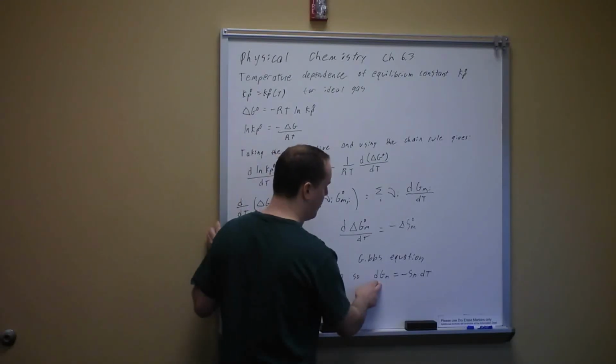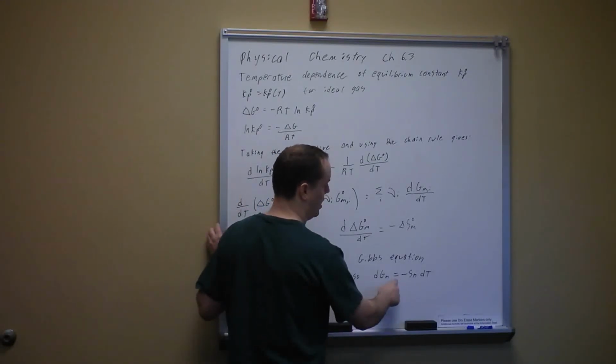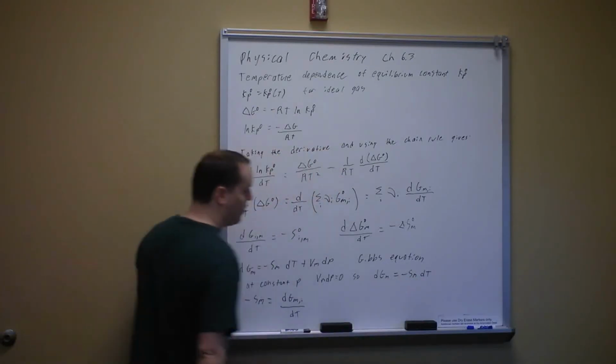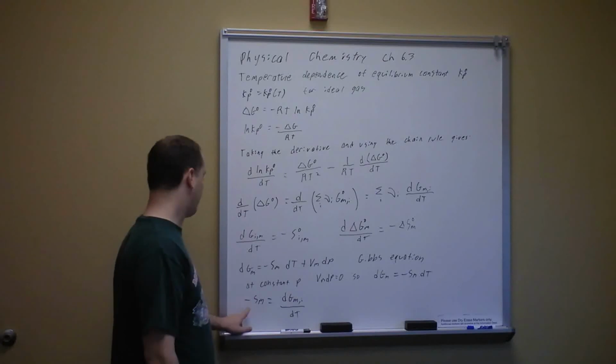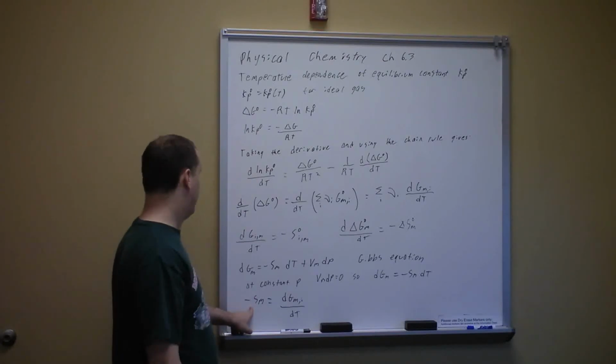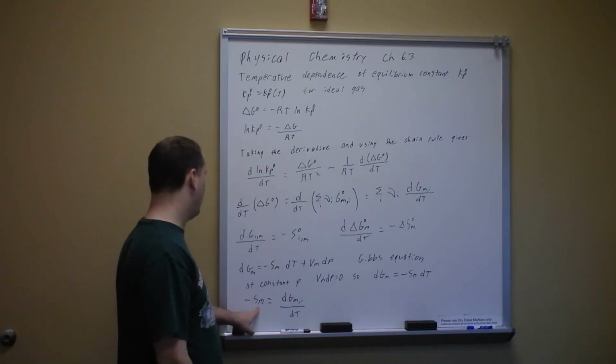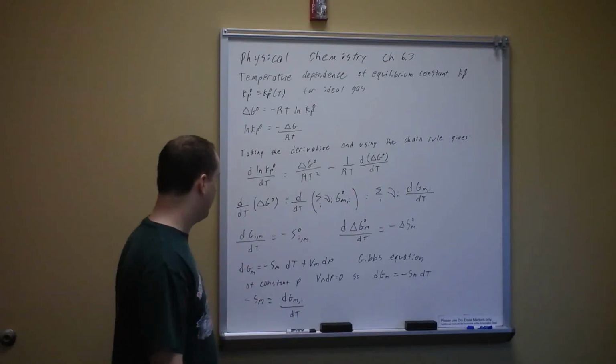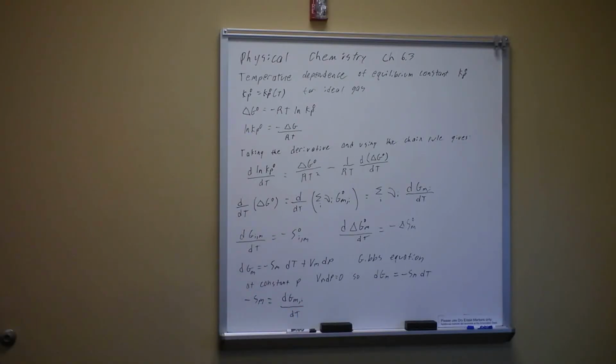So we're left with just the differential of molar Gibbs free energy equal to minus molar entropy times the differential of temperature. So that is how we got minus S molar equal to dG molar for substance i with respect to temperature.